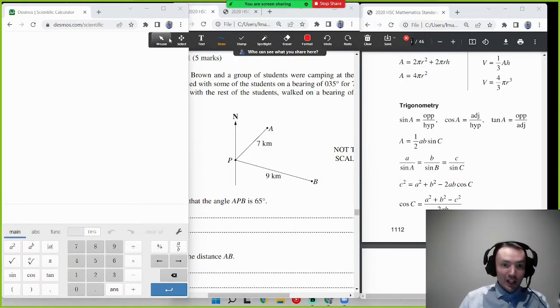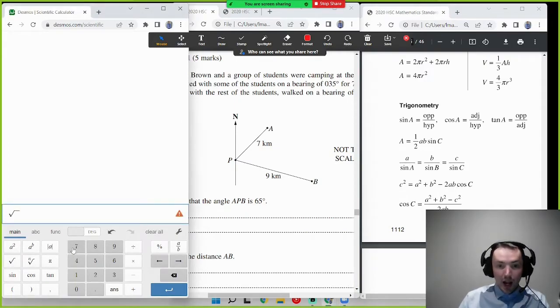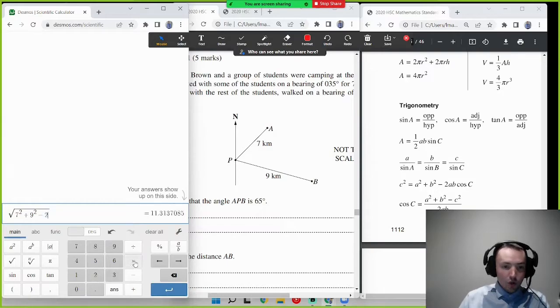So I start with the square root, then 7 squared plus 9 squared minus 2 times 7 times 9 times cosine 65 degrees, and I close that.